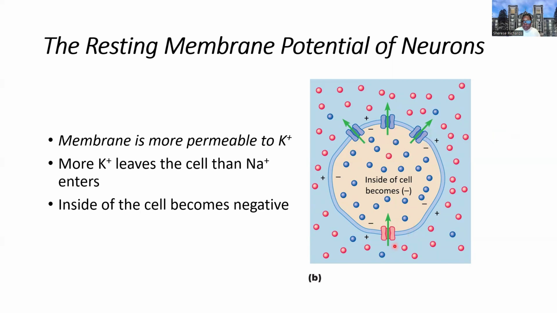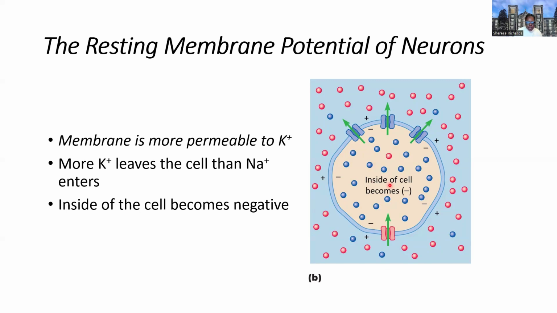Sodium is at a lesser permeability, so we're seeing 1 ion channel. So what this means is that more potassium can leave the cell than sodium can come in. So as you would imagine, that is going to create a more negative environment inside the cell because the cell can lose more positive charge faster than it can have positive charge enter the cell.